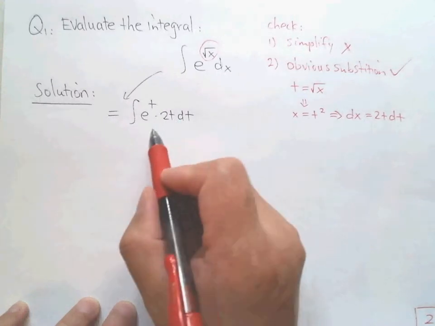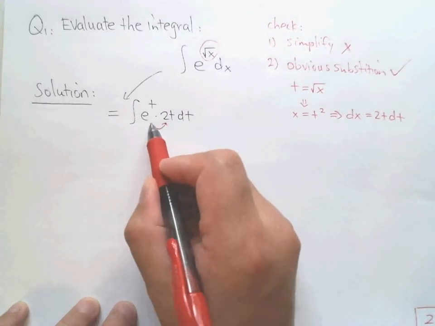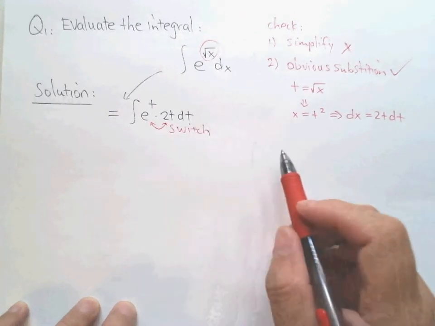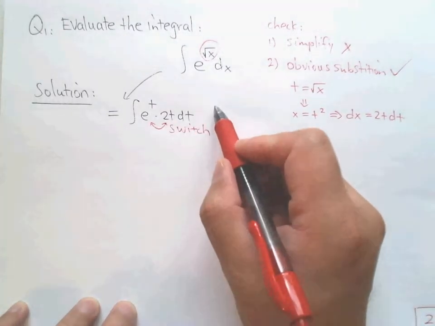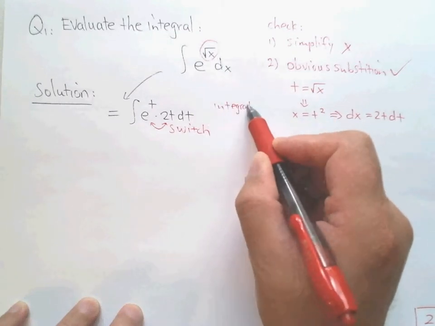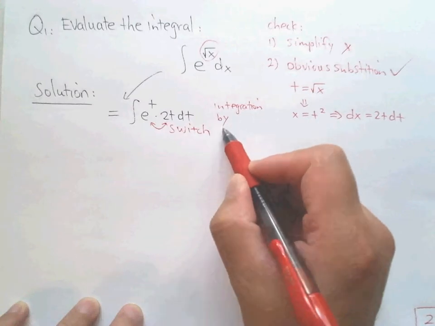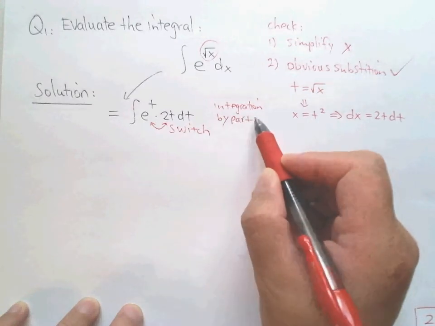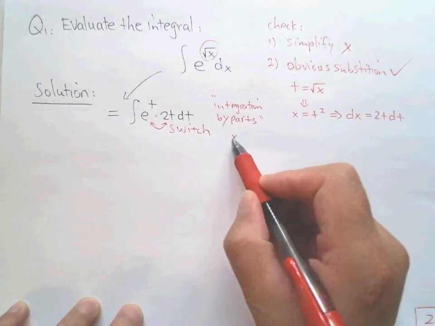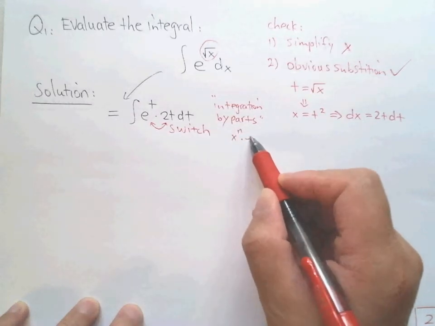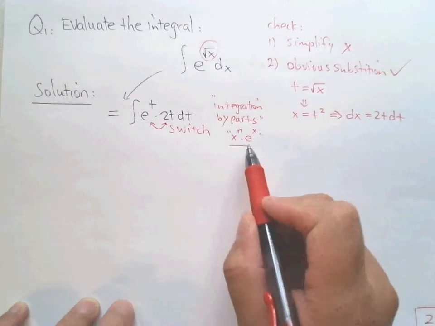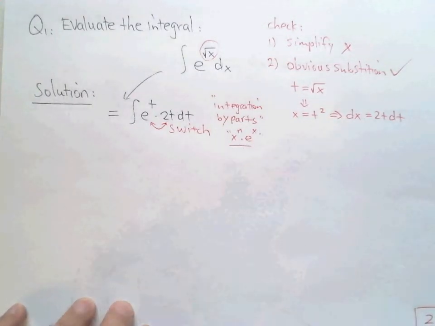So basically we have to do this, integration by parts. Why? Because this is a power times an exponential, the product of these, and usually we're going to use integration by parts.